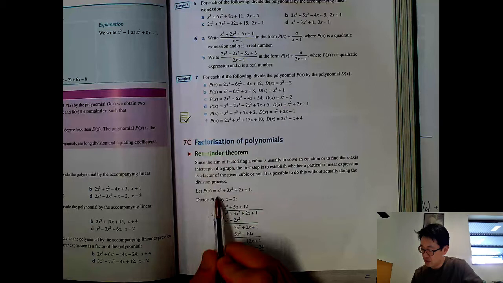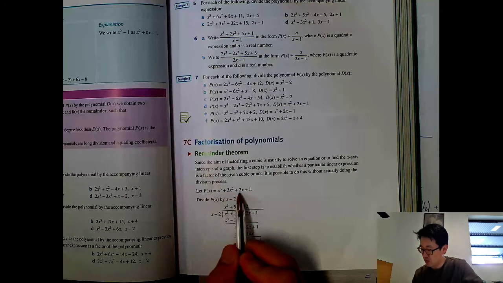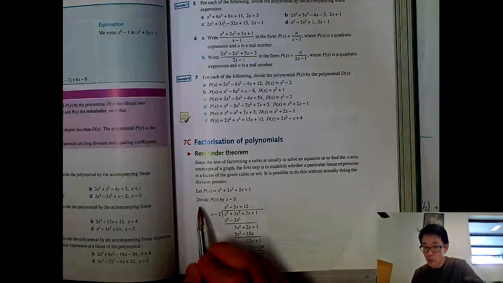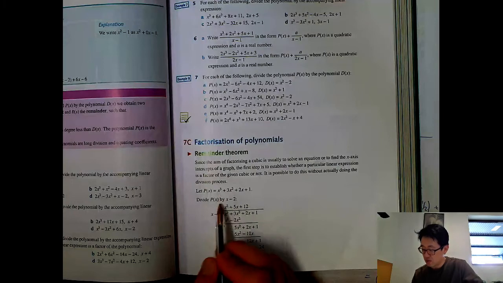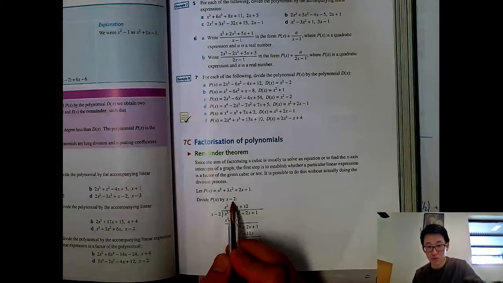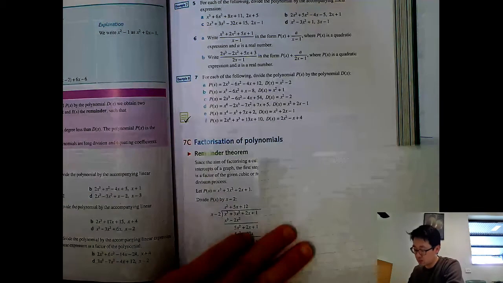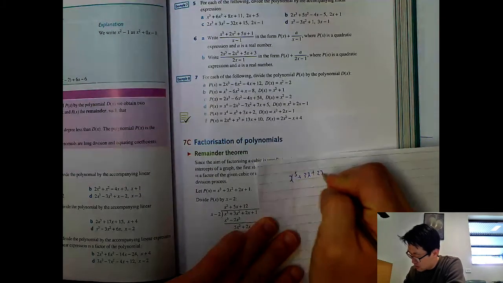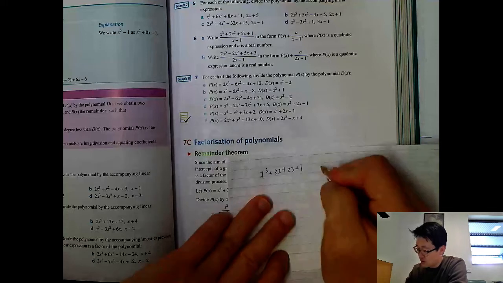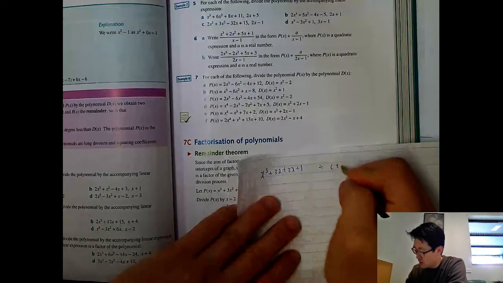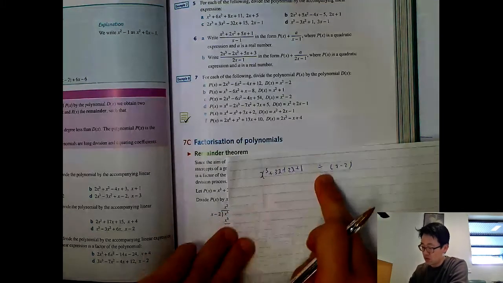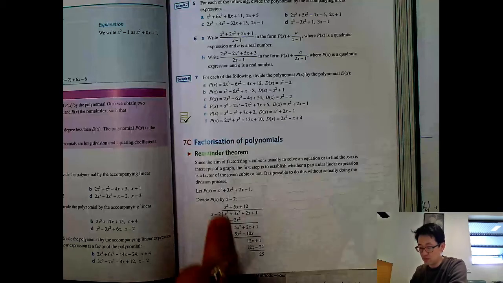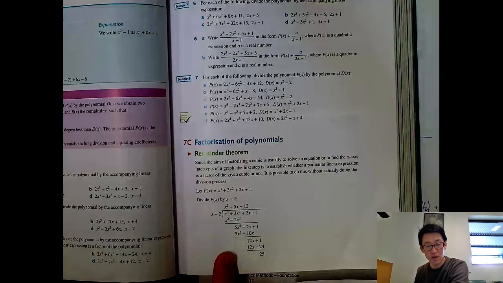Let P(x) = x cubed plus 3x squared plus 2x plus 1. When we divide this by x minus 2, using long division, can you do that in your exercise book?